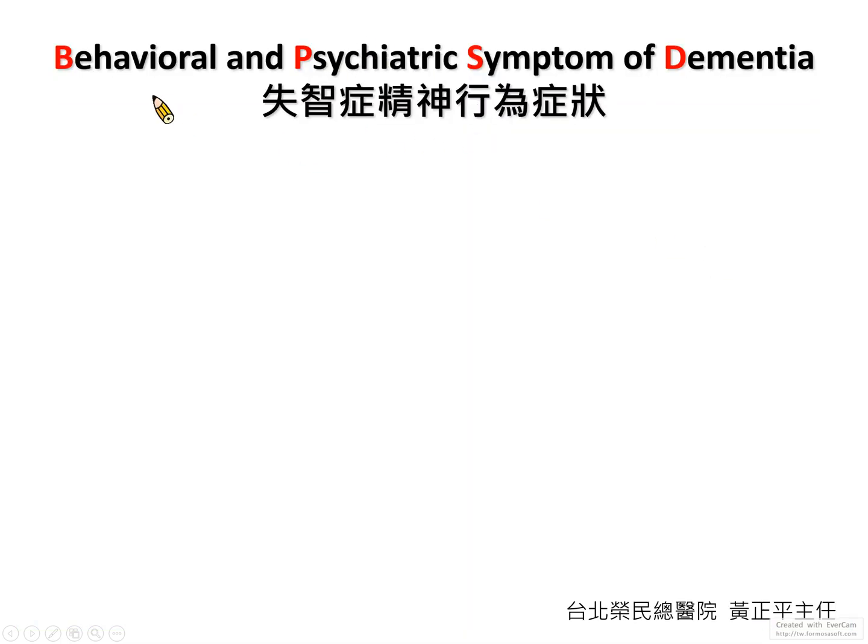Sometimes we just call these the behavioral and psychiatric symptoms of dementia, abbreviated as BPSD. So if you hear about the BPSD of dementia, it refers to the behavioral and psychiatric symptoms of dementia.